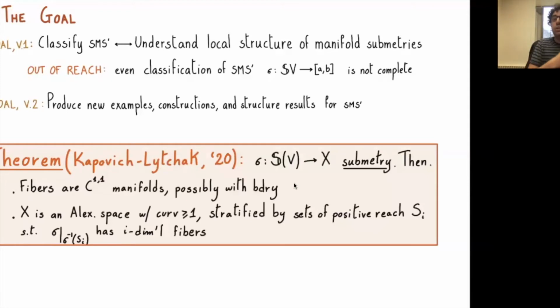And then there are two different types of constructions that take different manifold submetries to produce new ones. But the idea is that there is really not much known out there. It is not even known if that's all or not. Probably not.